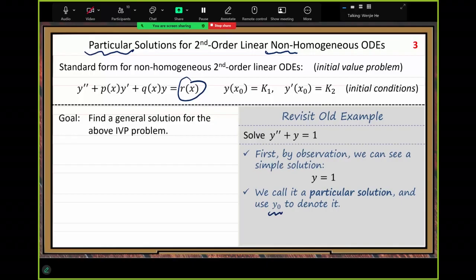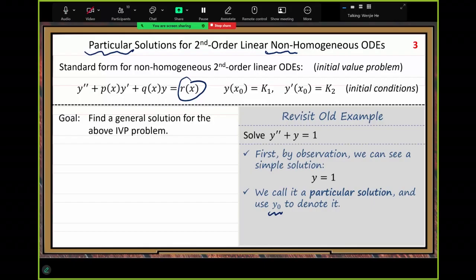So here you can see, to solve a non-homogeneous second order linear ODE, there are two steps. Solving the homogeneous version is one step. Other than that, there is another step: find one particular solution.